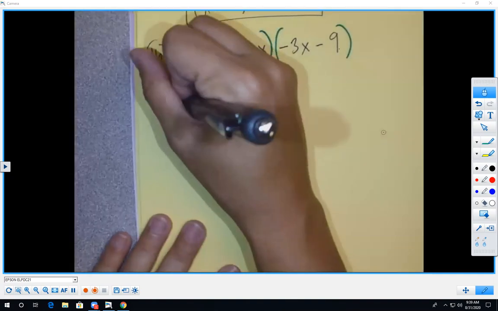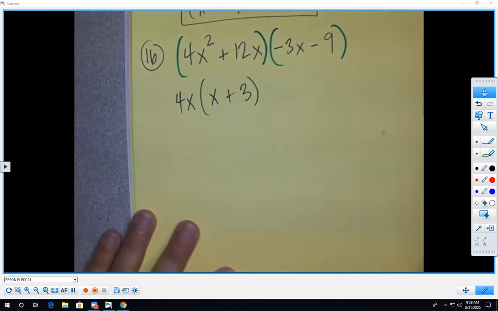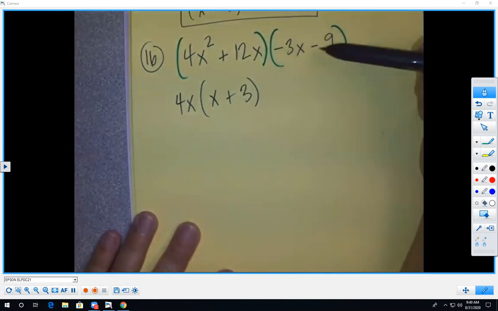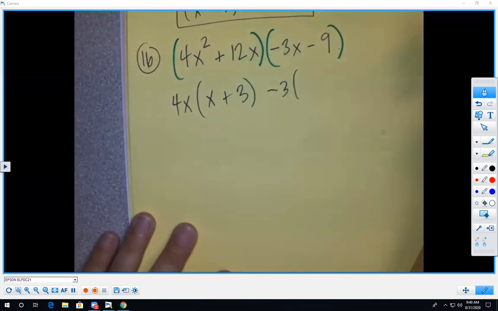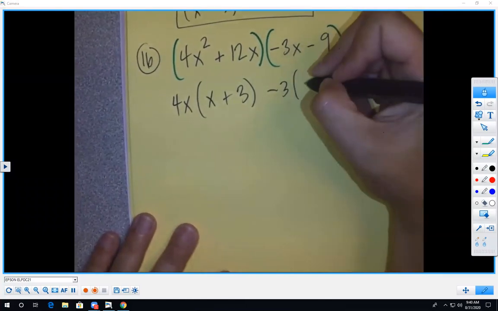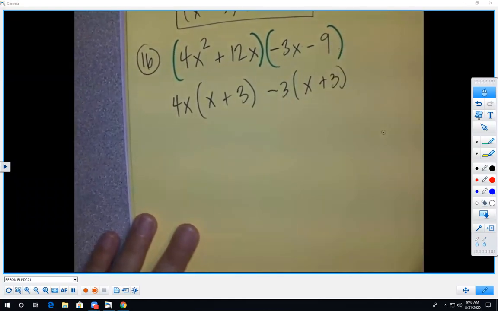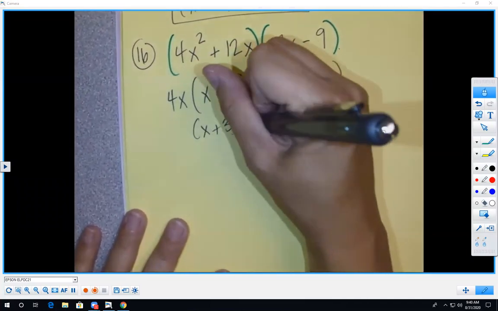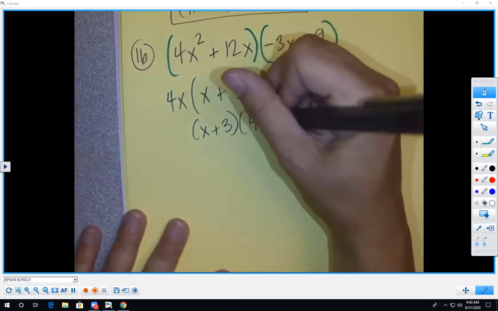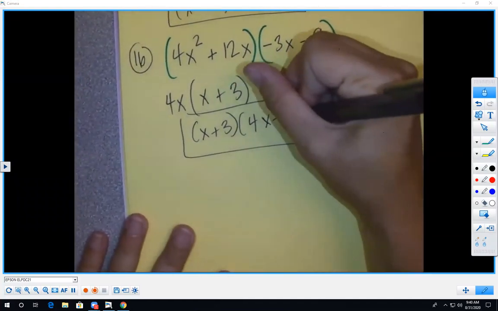For the first two, you can pull out 4x, and left over is x plus 3, right? For the second one, negative 3x minus 9, what's the GCF there? Negative 3. And when I divide out negative 3, negative 3x divided by negative 3 is x, and negative 9 divided by negative 3 is positive 3. So now my parentheses match. I can pull that out, x plus 3, and left over is 4x minus 9. Yes, I don't know what I'm doing there. 4x minus 3, sorry.